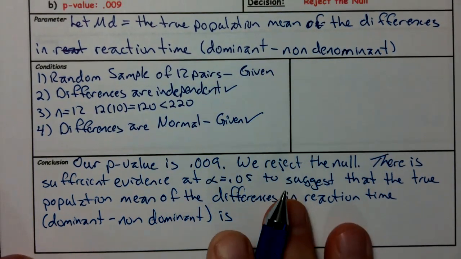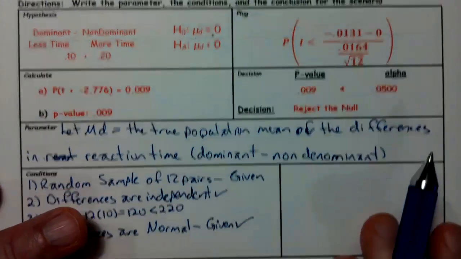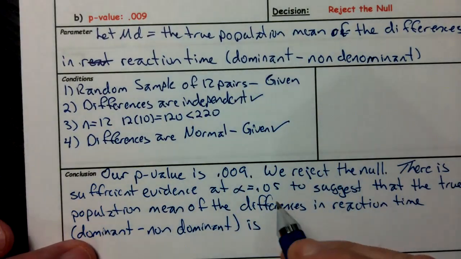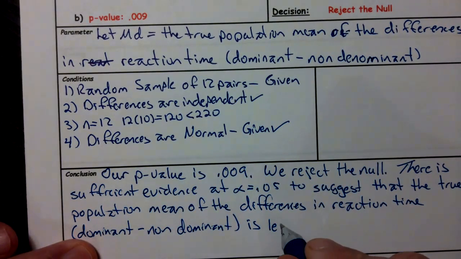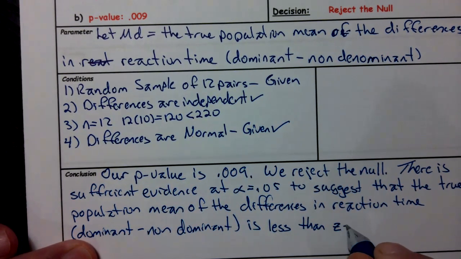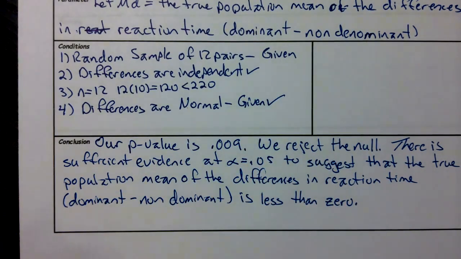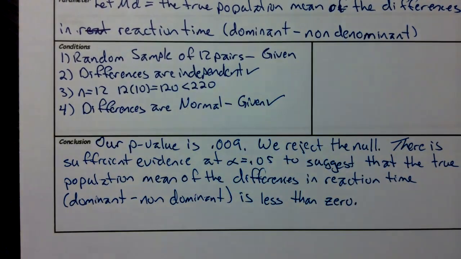Now we need to go look at our hypothesis. Well, our hypothesis was less than 0. So it is less than 0. All right, that's in statistical terms. So what is it in real terms?